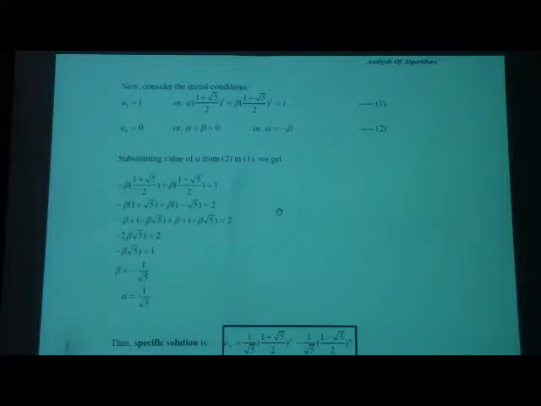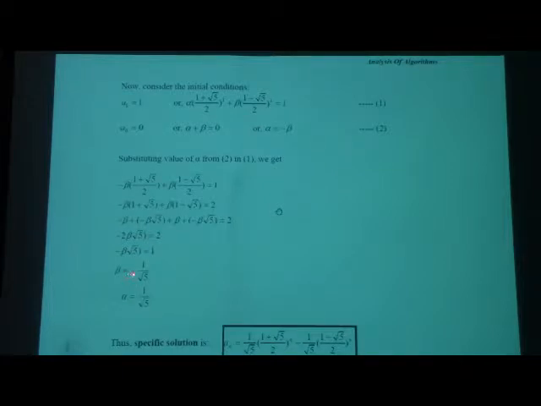We can do a substitution, because if this is true, then alpha is equal to minus beta. So then I go to the second equation and substitute minus beta for alpha, and now I have an equation that only has beta in it. Once I solve it, I get beta is equal to 1 over the square root of 5.